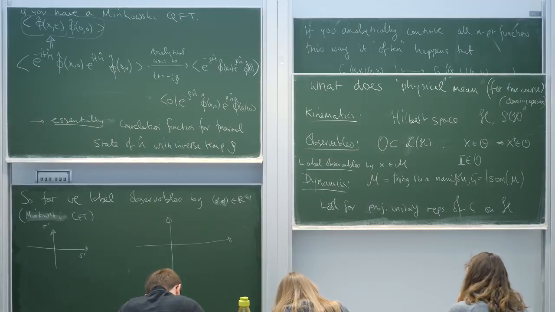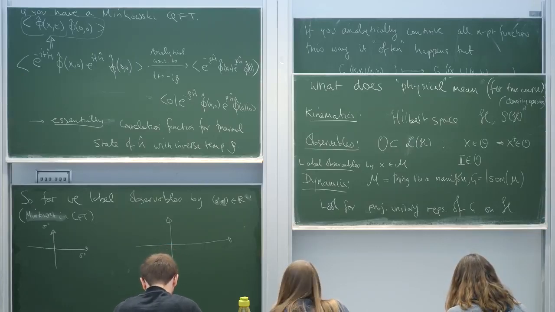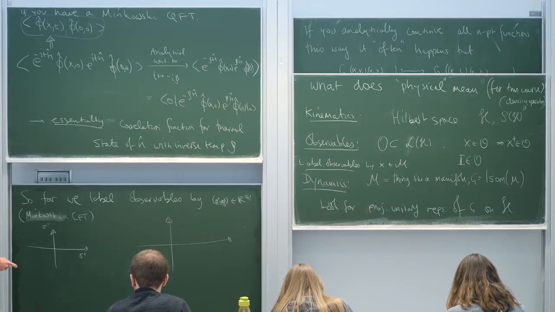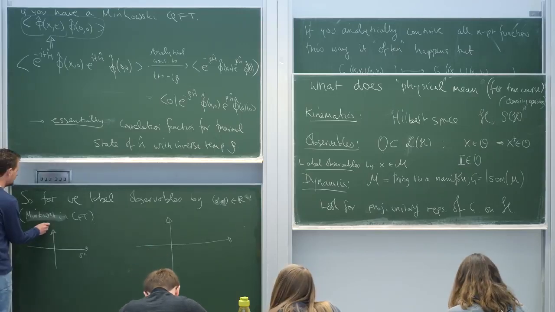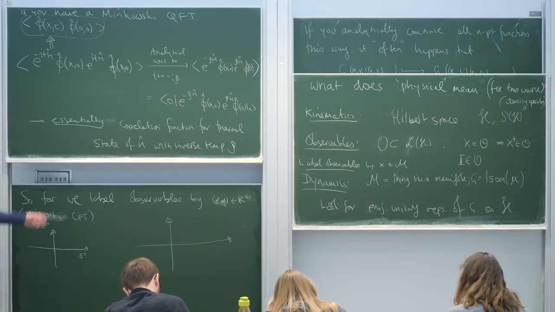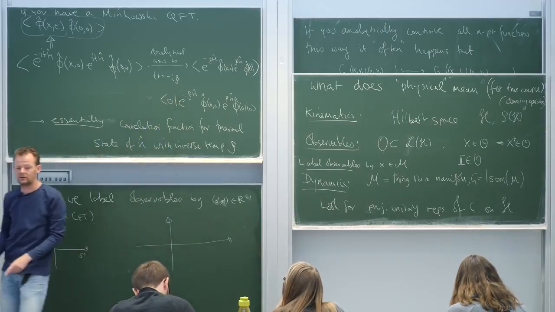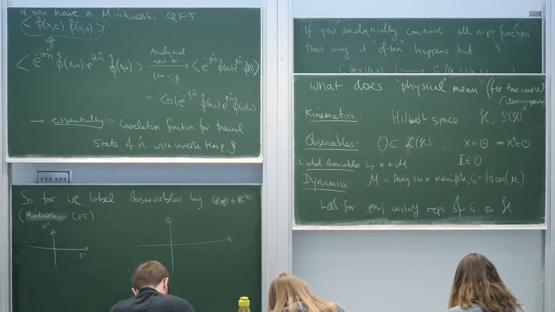Our next goal is to interpret various operations we're going to do on our field theory. And to aid in the interpretation, we're going to try and do this imaginary time substitution and keep track of what each operation means under these changes of variables.